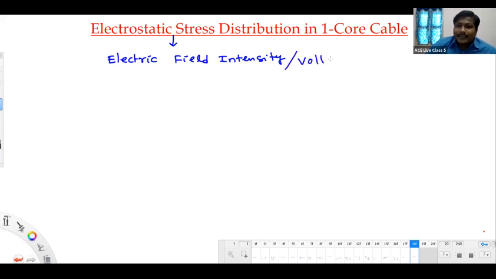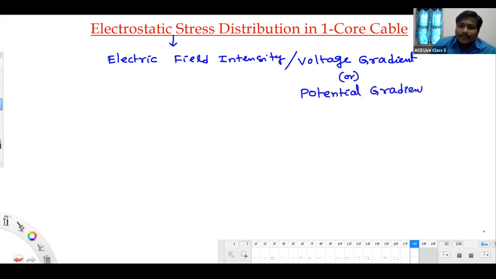Various names are there for this. Or you can call this potential gradient also. Okay, all these terms are seen: electric field intensity, voltage gradient, potential gradient, or electrostatic stress.